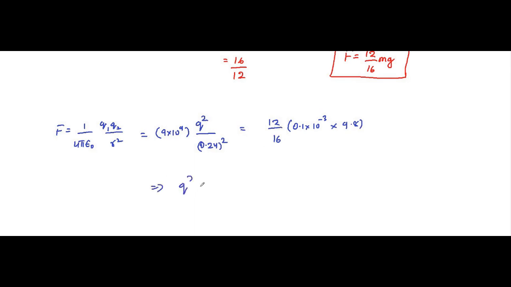That implies q square is equal to 12 by 16 into 0.1 into 10 to the power minus 3 into 9.8 into 0.24 whole square into 1 by 9 into 10 to the power 9. So q square is equal to this much.